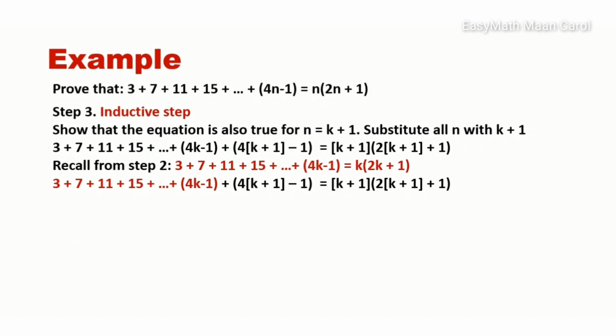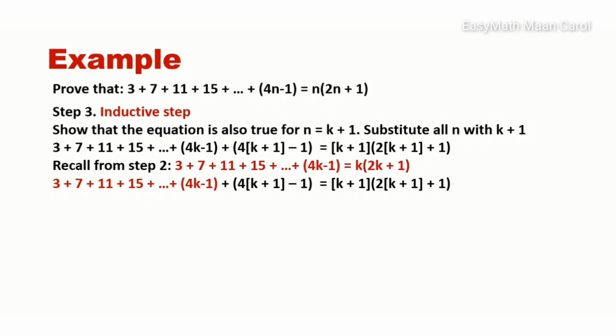Dun sa pinanggalingan na expression, ginawa ko lang kulay red yung 3 plus 7 plus 11 plus 15 and so on until 4k minus 1. Tapos kinopya ko lang ulit yung expression na 4 times k plus 1 minus 1. And then yung other part, yung right side of the equation, ganun din, kinopya ko na lang siya.